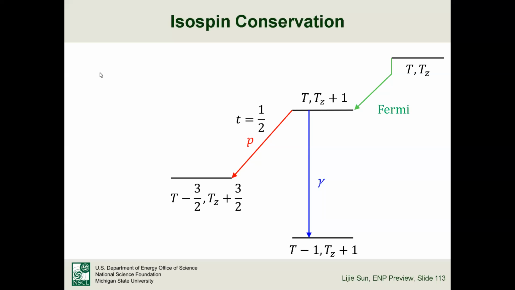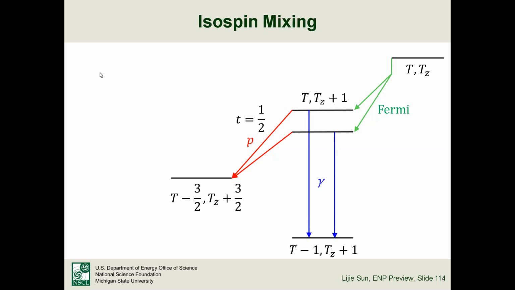So if we observe the proton emission from this IAS, this will provide evidence that the isospin symmetry is broken, because the proton emission from the IAS to the ground state of the proton daughter nucleus is just violating the isospin conservation rule.